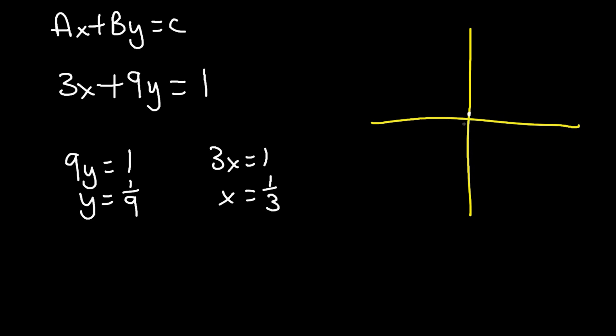And when y is 0, x is equal to 1/3, which is about here, let's say. So we know those 2 points. We can draw a line approximately like this. So that's the standard form.